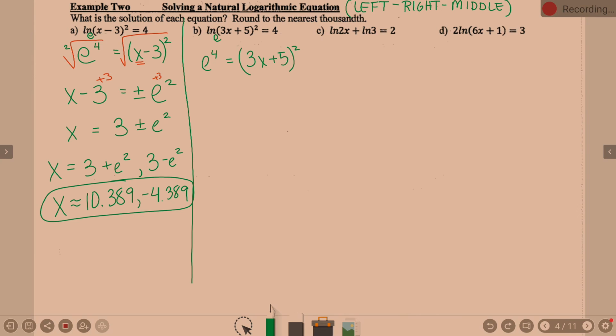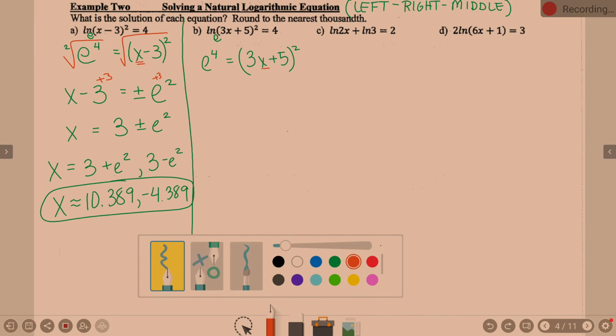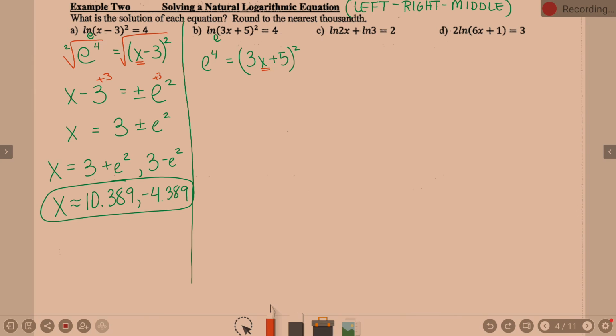Actually, I might be able to get done with this one if we get moving. I'm trying to solve for what? X. So if it's 3x plus 5 squared, what are we going to do? I don't need to FOIL it out. I just need to take the square root.